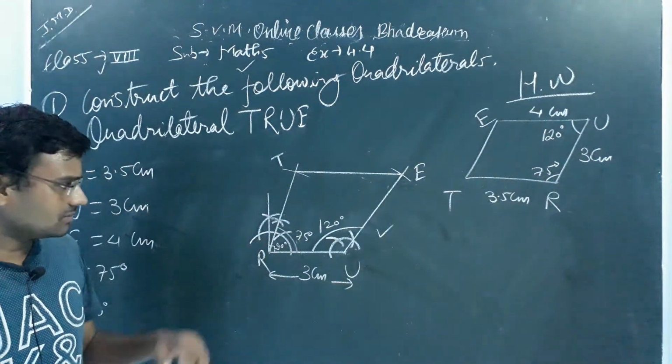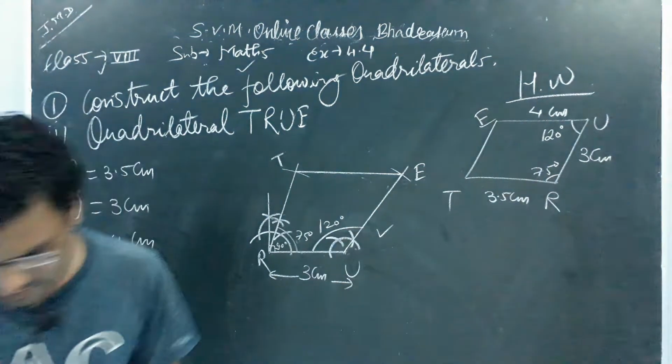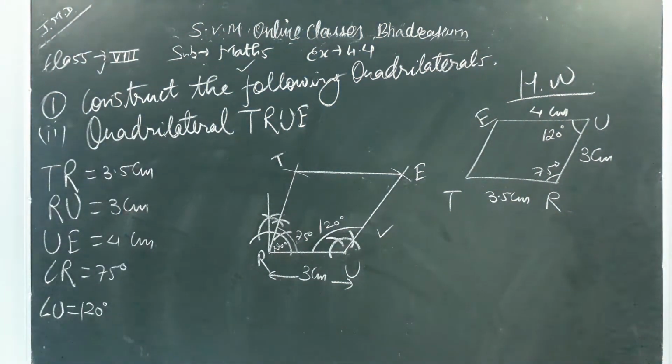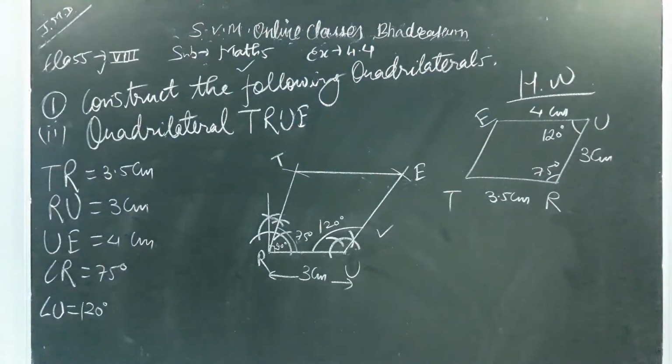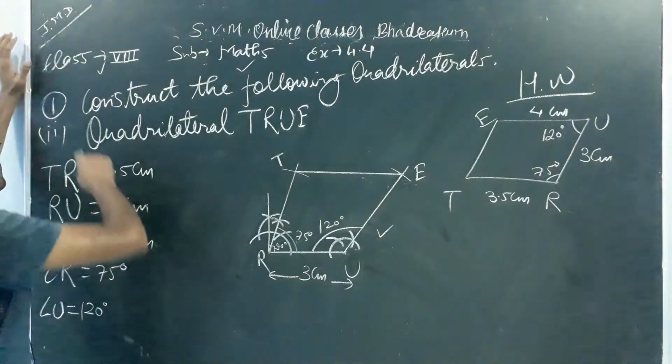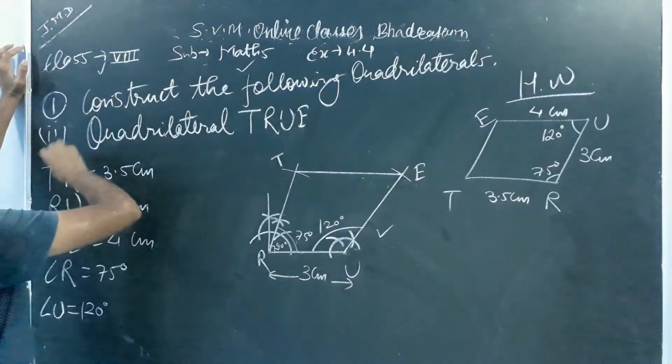Okay, and I will repeat. Just one time I will repeat for you also, for your better understanding. So listen, actually now one more time, we are given the data, construct the following quadrilaterals.